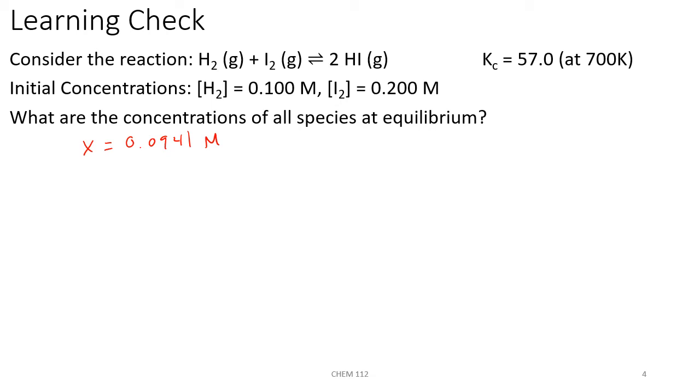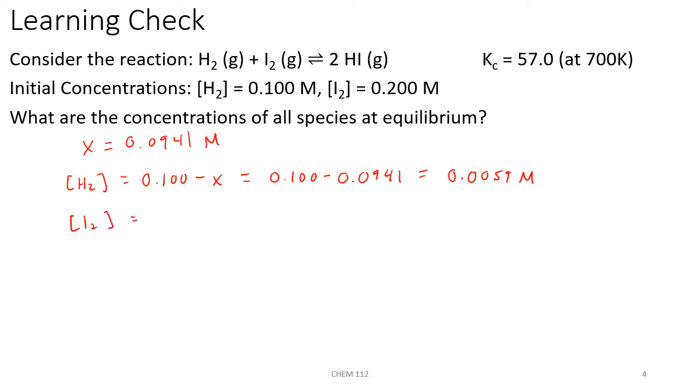So looking back at our ice table, at equilibrium, H2 concentration was equal to 0.100 minus x, which will be 0.100 minus 0.0941, and that comes out to being 0.0059 molar. I2 concentration was equal to the initial concentration, 0.2 molar minus x.